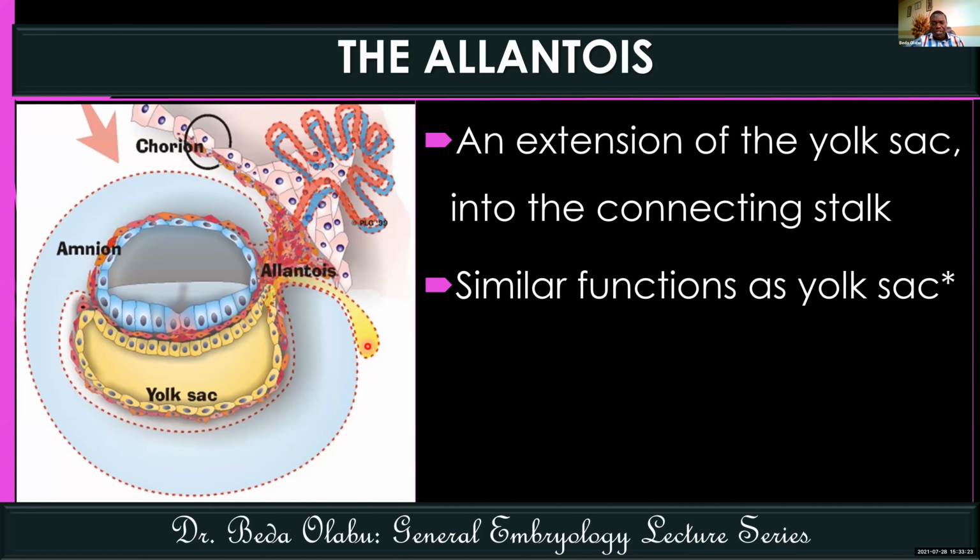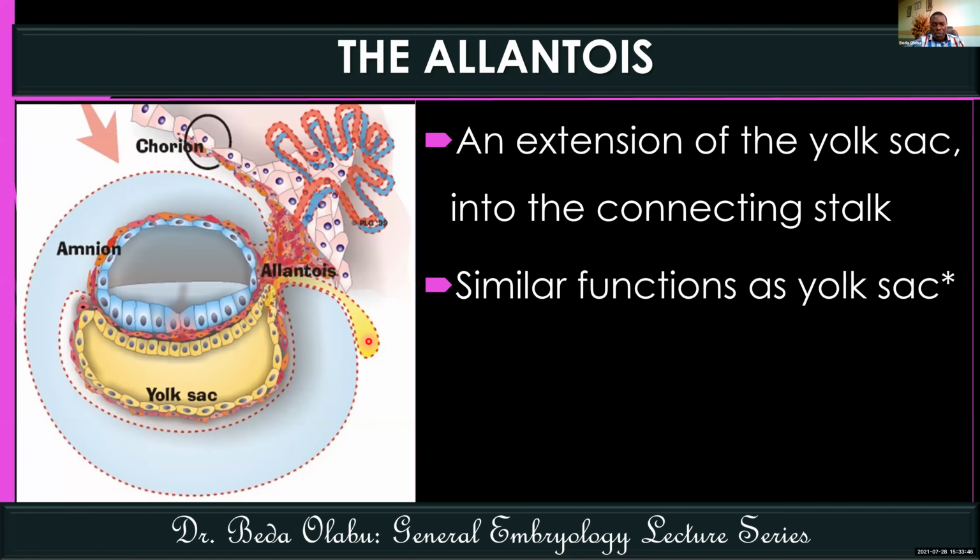Therefore, in terms of functions, the allantois shares the same functions as those of the yolk sac, which means it will give rise to the primordial germ cells. It is also important for transfer of nutrients and as a site of formation of blood cells.